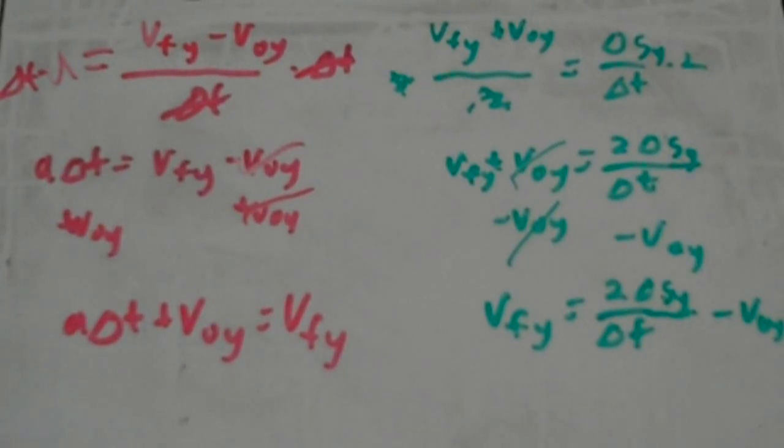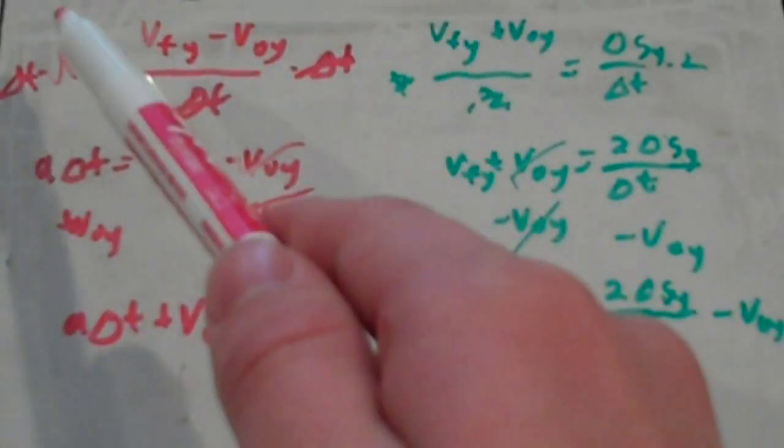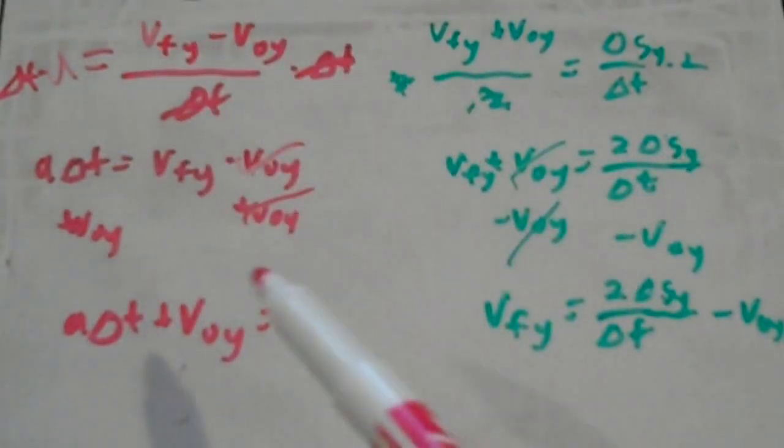Now, because I want to explain everything, I have the first step to figure out the equation to figure out our initial vertical velocity. And what we have is our first equation, where acceleration equals the change in velocity, or the final velocity minus the initial velocity, over time. And what I did for this is I multiplied time to each side, so these times canceled.